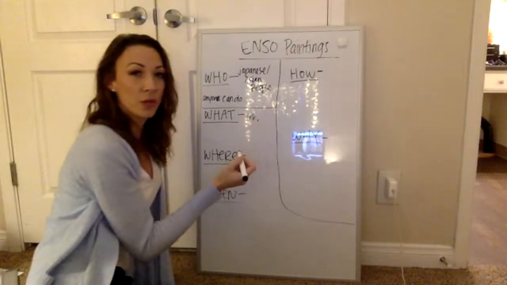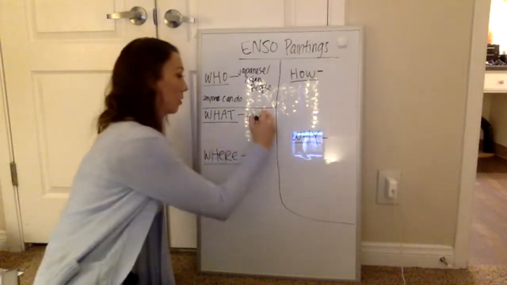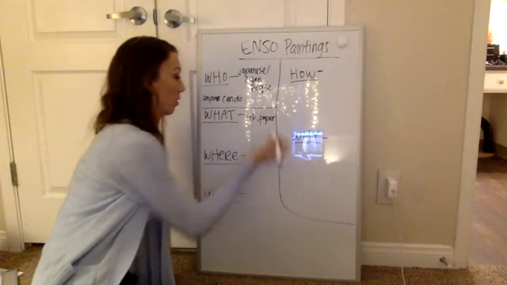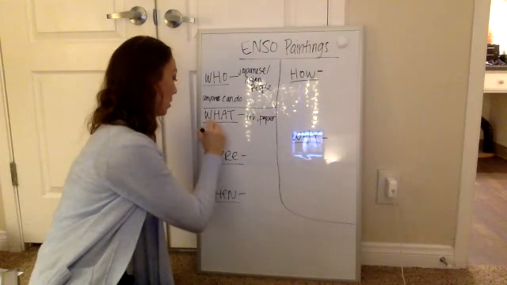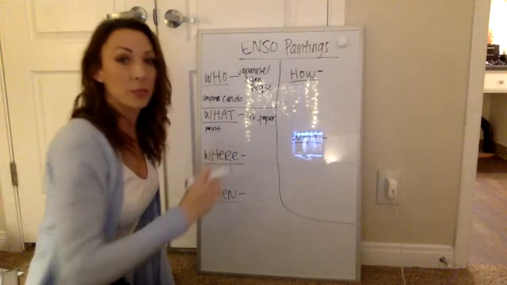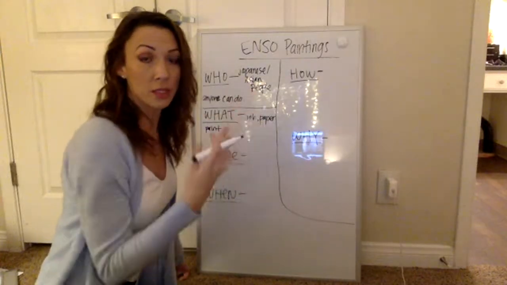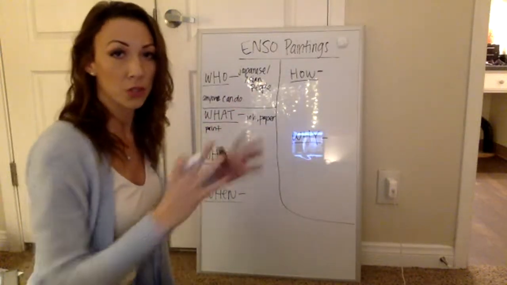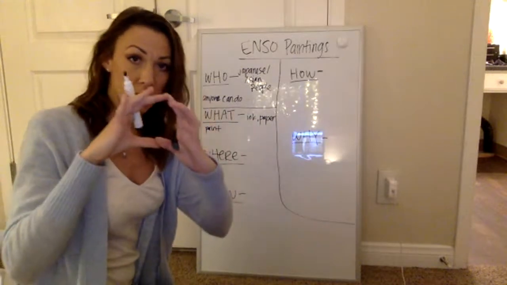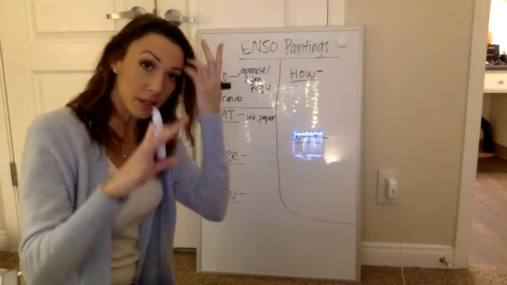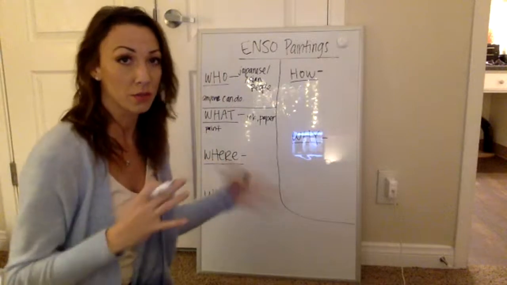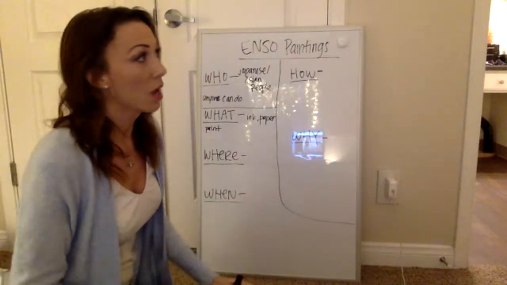I know they use a really thin paper, paint, and it's basically just a circle that symbolizes, if the circle is closed, a complete idea. There are variations, and I'll go into that later.